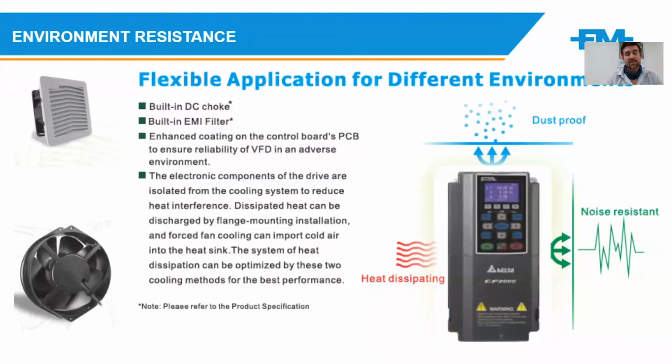The CP2000 is very resistant against harsh environments. So built-in EMI filter on 30 kilowatt and under, and a built-in DC choke on 37 kilowatt and up. Also, the enhanced PCB coatings ensure that the control circuits can operate in relatively harsh environments quite stably.